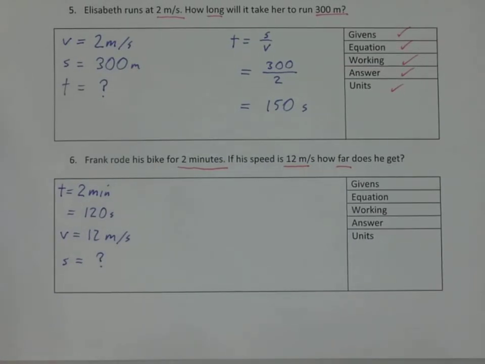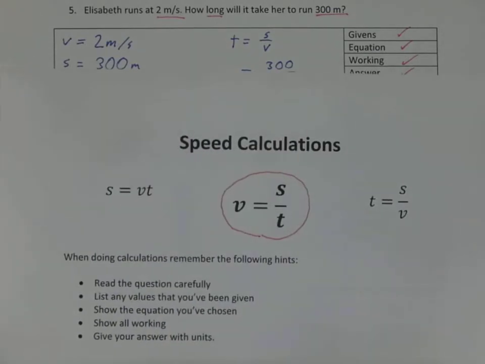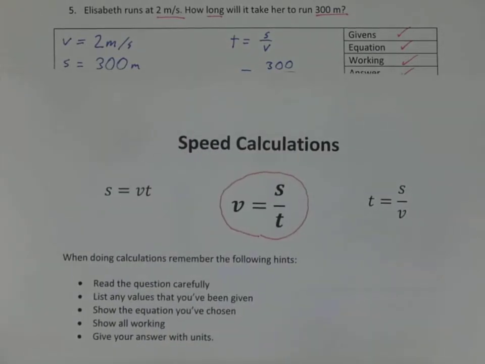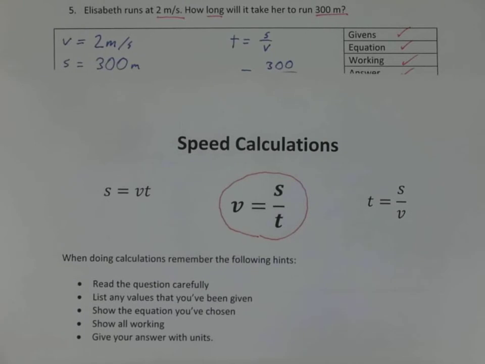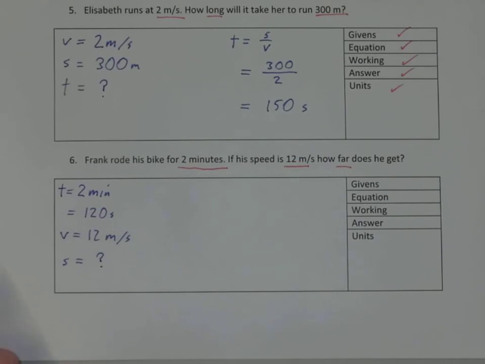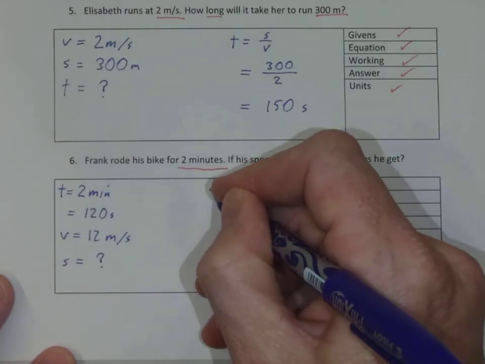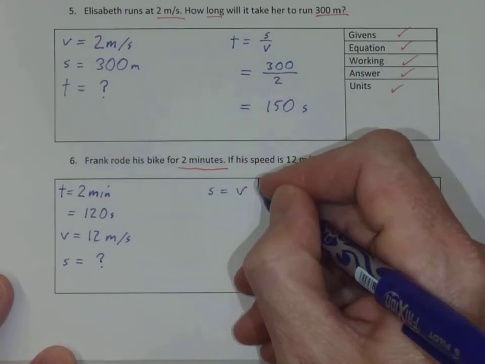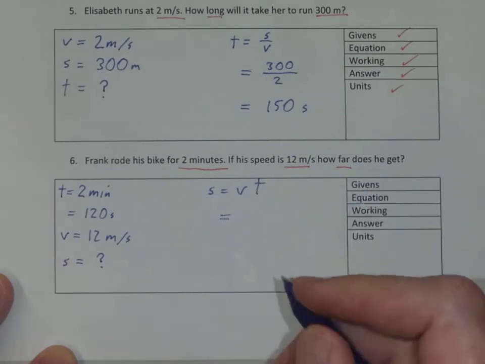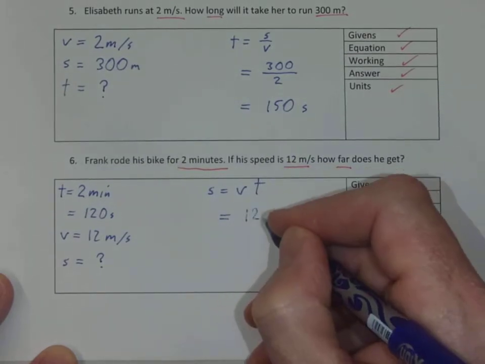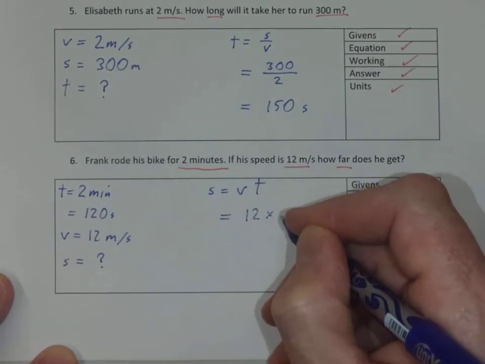So now we have to choose which equation we want to use. We're looking for how far he goes, the distance. When we look at the different versions of our speed equation, the one on the left here has distance, that's S, on the left-hand side of the equation all by itself. So that's the one we're going to use, S equals VT. Show our working, we've got 12 multiplied by 120.